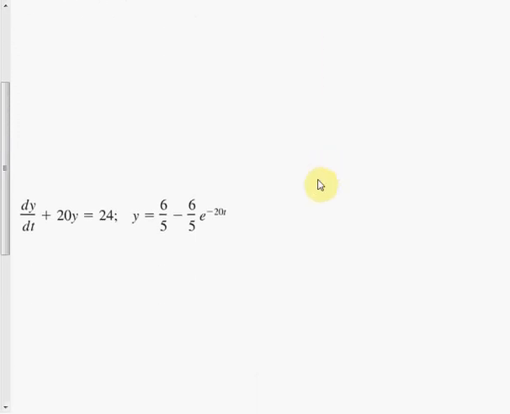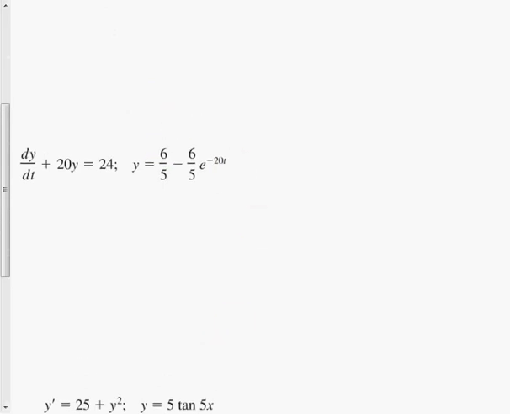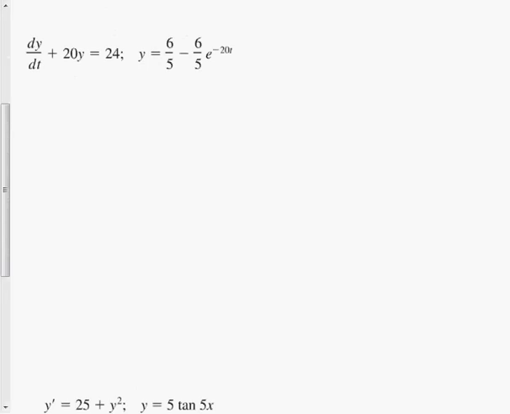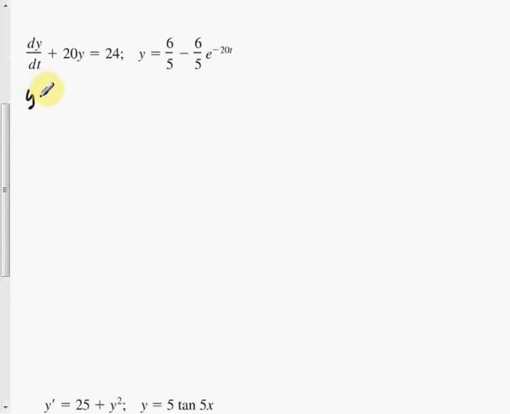So secondly, take this problem. So if y is this, so y prime would be negative 6 over 5 times negative 20 times e to the negative 20t.